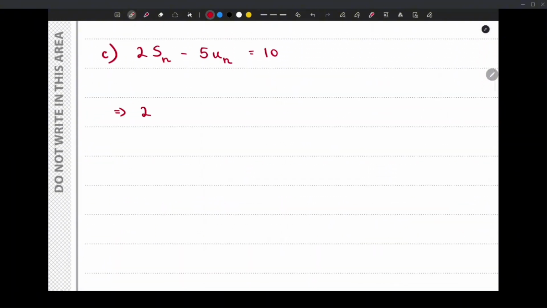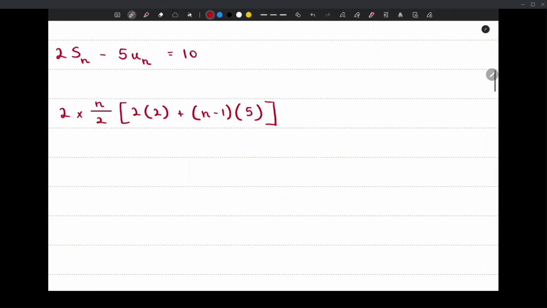So we know that the formula for Sn is n divided by 2 times 2a, the value of a is 2, plus n minus 1 times d, the value of d is 5, minus 5 un, the value of un is a plus n minus 1 d. D is 5 and the value of a is 2.